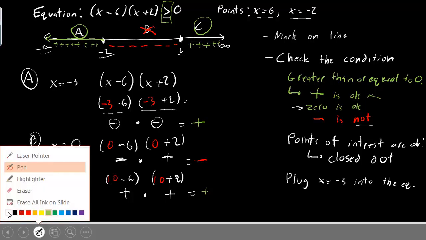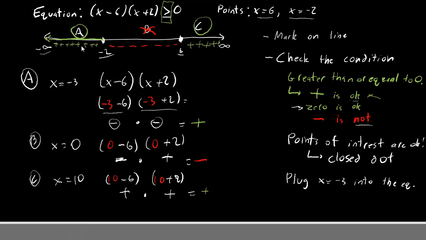So if we're going to write a solution, our solution is going to be region A union region C. So we have to say what region A is and say what region C is. Our region A is going to go from negative infinity to negative 2. And region C is going to go from 6 to infinity.